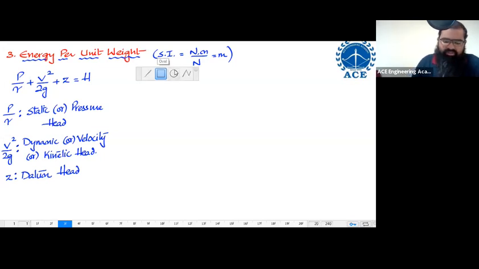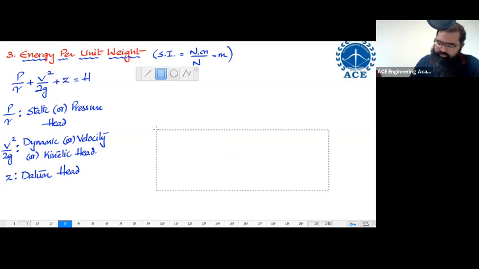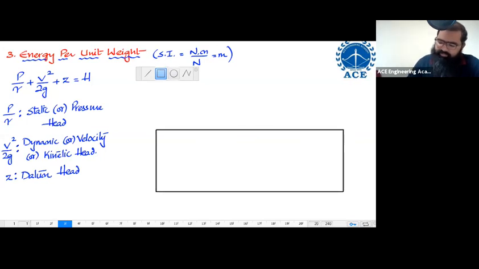Imagine there is some flow taking place in a pipe. Let me first draw a diagram.